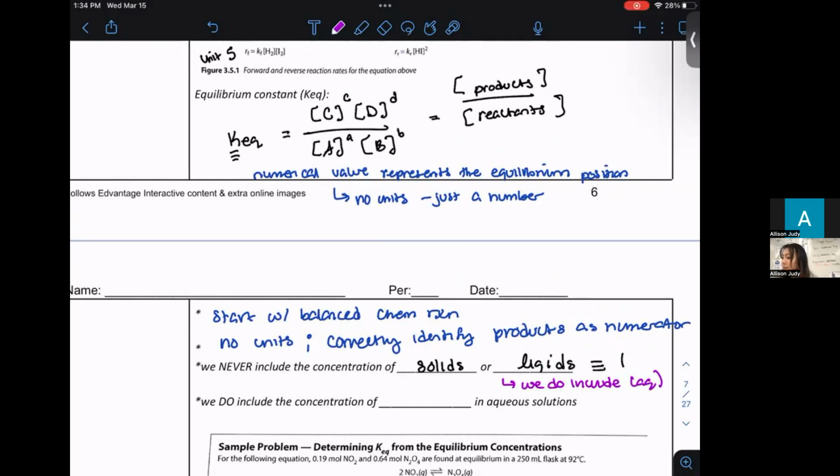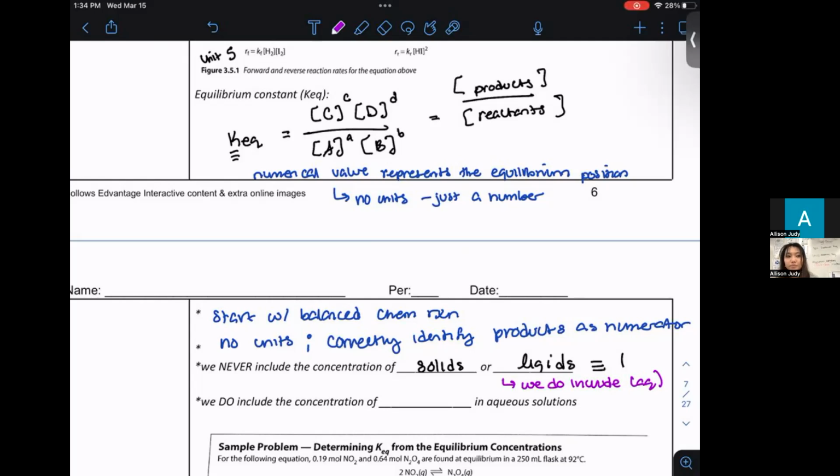We do include aqueous. We would never include solids or liquids. What do you mean by acts like a one? In terms of its concentration, it doesn't change. It's 1 times the concentration times 1. You don't really have to consider it in the calculation, because if you have a solid or a liquid, how much you have doesn't really change the rate the reaction proceeds at.